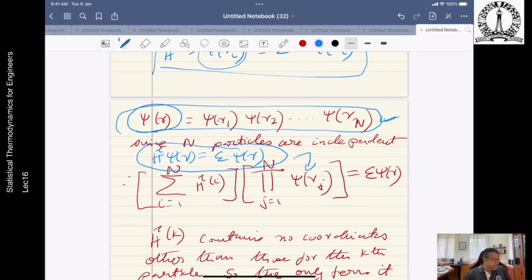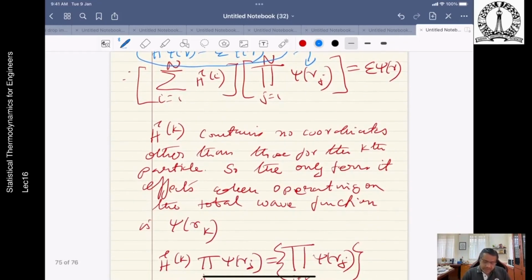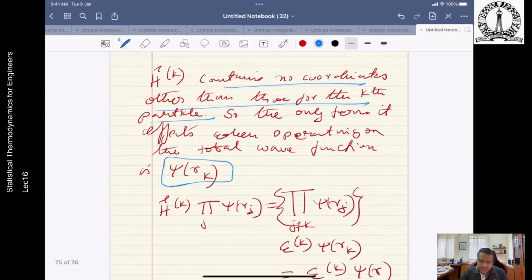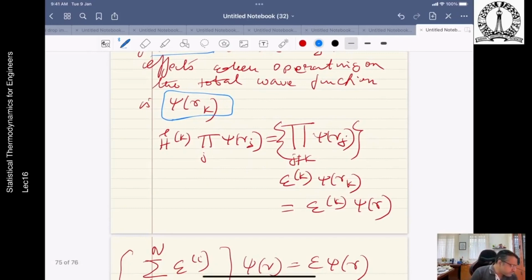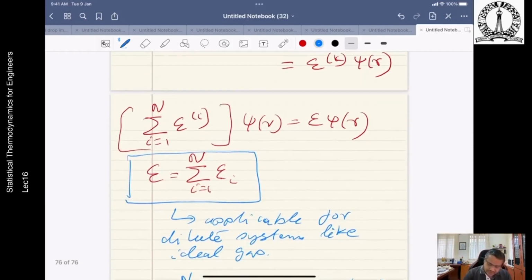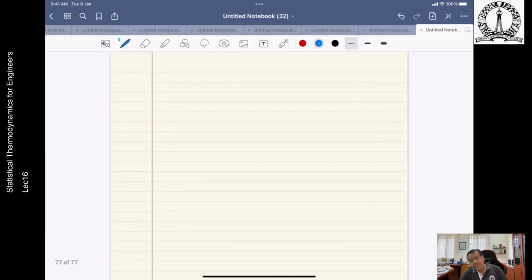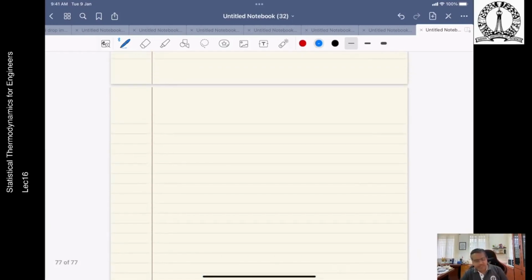However, we then argue that HK contains no coordinates other than those for the particle, so the only term that it affects is psi RK. Hence you can write it in a slightly modified version like this, and then it follows all the other terms that we did. So this gives, for a multi-particle analysis, the procedure.